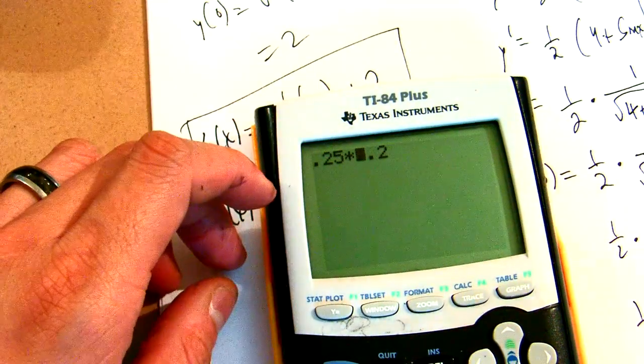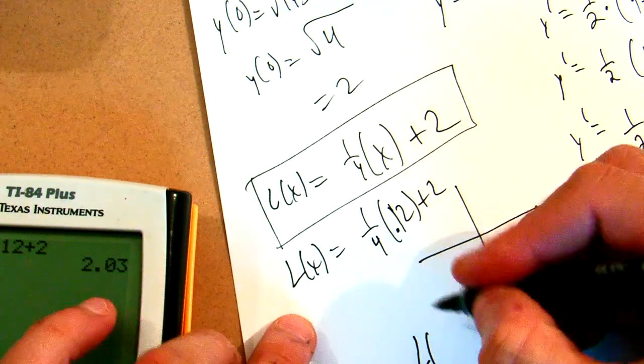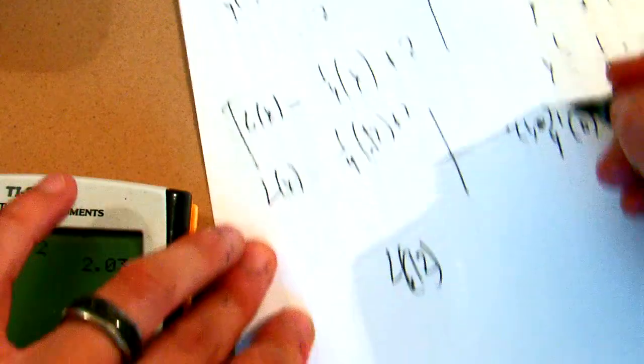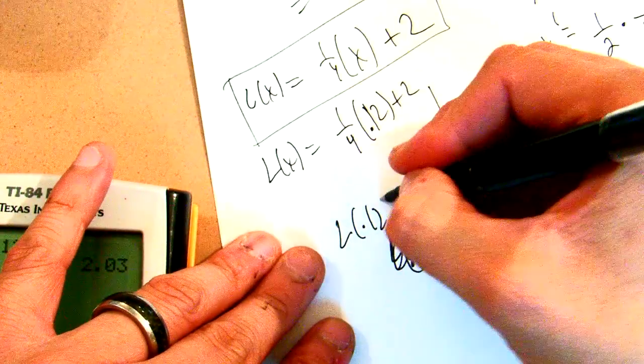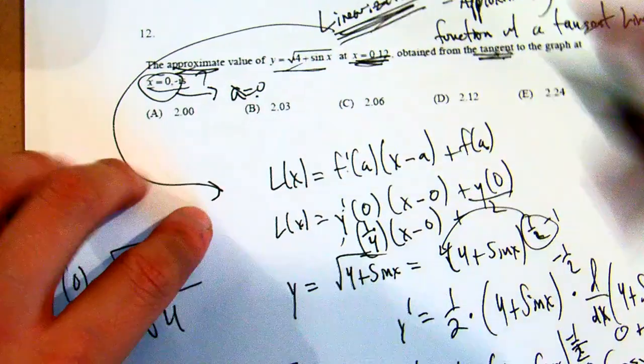Oh no, sorry. 0.12 plus 2. And you get 2.03. So this was L of 0.12. Let me write this clear. So this is going to be 2.03, which is clearly listed as choice number B.